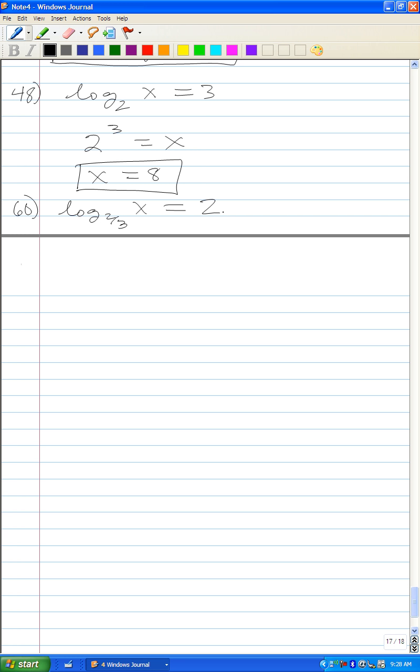So let's rewrite this logarithmic form into exponential form. And so the base is 2/3, exponent is 2, result is x. 2 squared is 4, 3 squared is 9. So x is 4/9. That finishes off section 9.5.